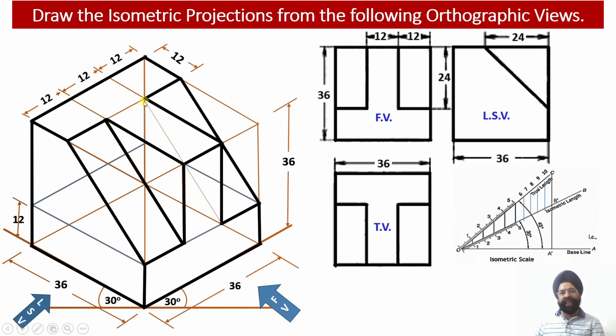And what I have done, you see, with this very minute light construction line, I have joined this point with this point. Otherwise this has not got any significance. This is only to see that this is also a rectangular surface. We have drawn it, but this portion of this rectangular web has been covered by this vertical web which we have seen in the front as well as in the top view.